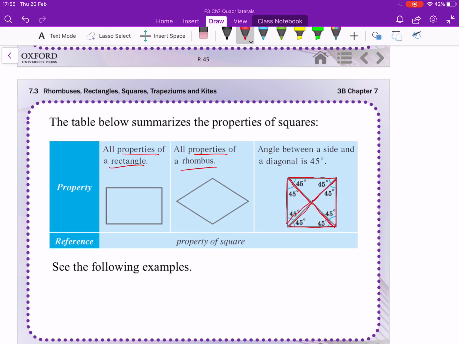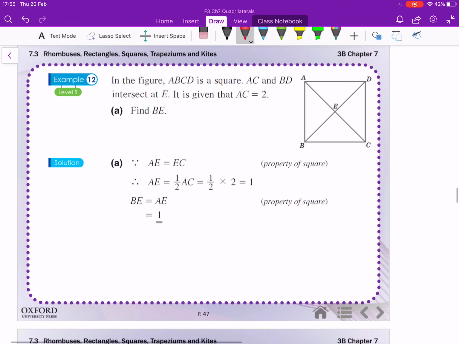As a result, we can calculate that all the base angles of them should be 45 degrees. To make use of any facts related to square here, we can just use this recent property of square, easy to remember, and go to some examples again.